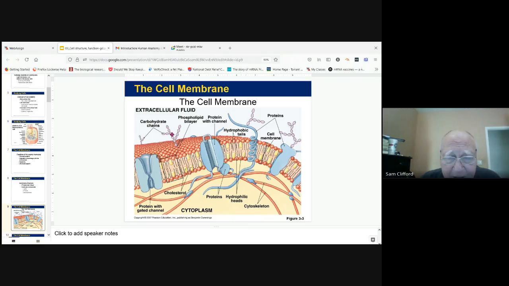So make sure you know that carbohydrates are attached to the lipids. These carbohydrates are cell markers. These would be glycolipids. These would be glycoproteins. Why? Because this carbohydrate chain is attached to a lipid. This carbohydrate chain is attached to a protein: glycoprotein, glycolipid.